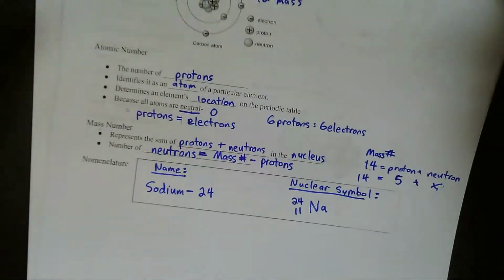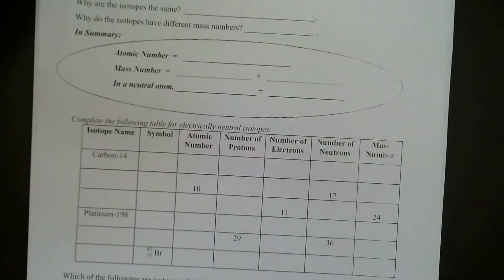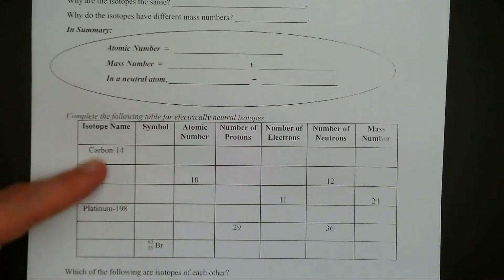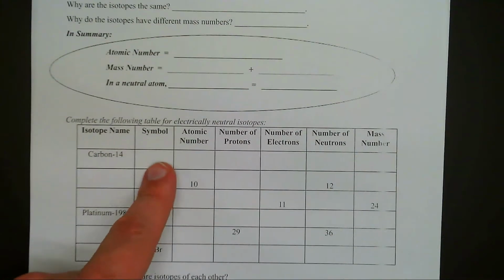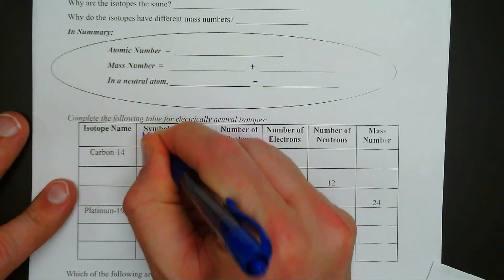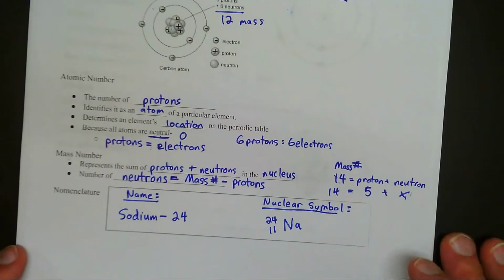If I skip ahead to today's homework problems, I'll show you kind of what that looks like. So on today's homework, guys, you've got about 6 questions to work out, and really you're just filling out different information. Right here, this says symbol. More specifically, guys, that's going to be our nuclear symbol. But these are the types of questions that you'll get.